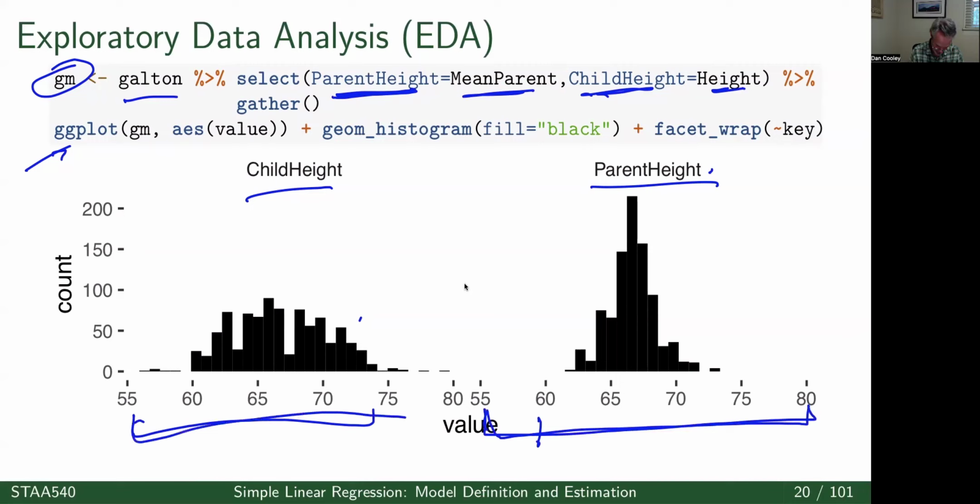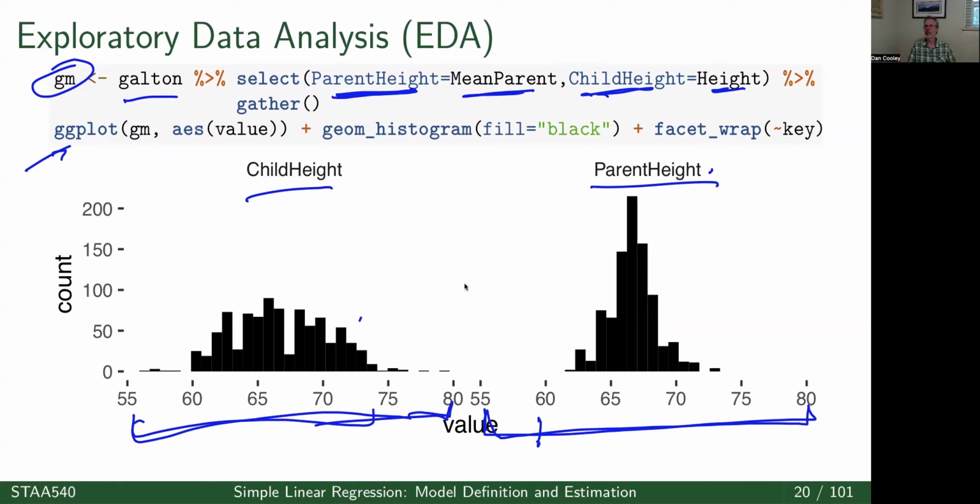We're going from 55 to 80 in both of these. We see more spread to the child's height. There's a mean of about 67. Yeah, the mean is not too different between these two, but clearly the child height is more spread out.